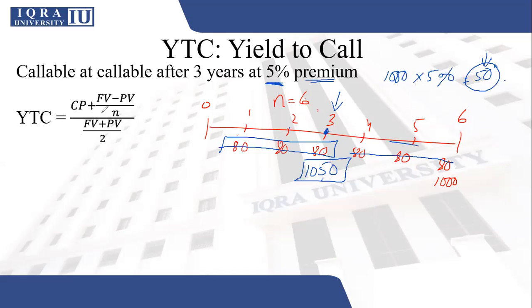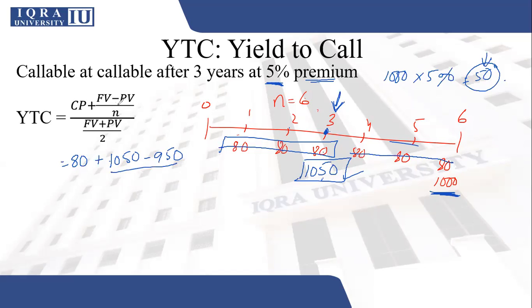Now you want to calculate the return of such an investor, which is your yield to call. For that you can still use the same approximation formula. So your coupon payment is 80 plus your future value. The face value over here is not going to be 1000 because that is not the value they're getting at maturity. Maturity has changed to year 3 now, and at year 3 they're going to get 1050 instead of 1000. So your face value is going to be 1050 now. The price is going to be the same, so that is 950.